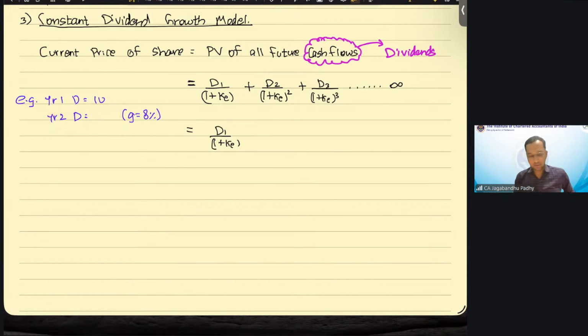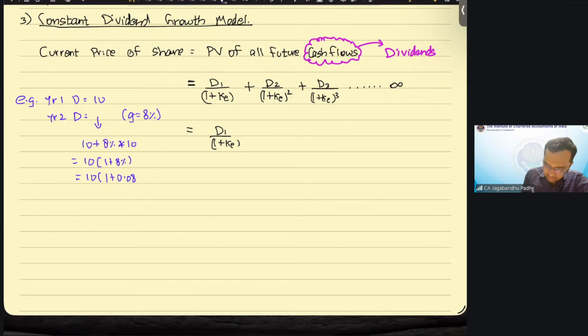If 10 was the dividend in the first year and in the second year the dividend is going to grow by 8%, the dividend is going to be simply 10 plus 8% into 10, which is 10 into 1 plus 0.08. This is 10 into 1.08, which is obviously 10.8.